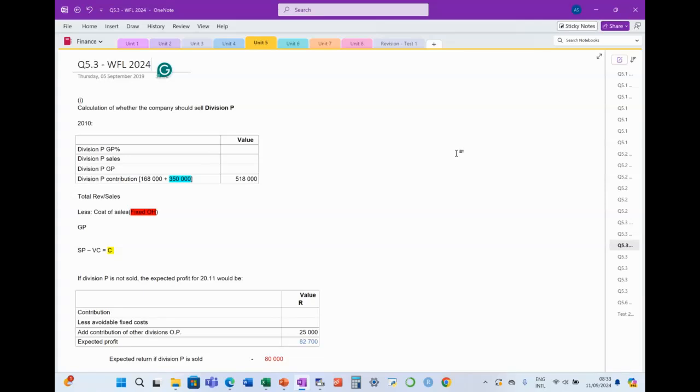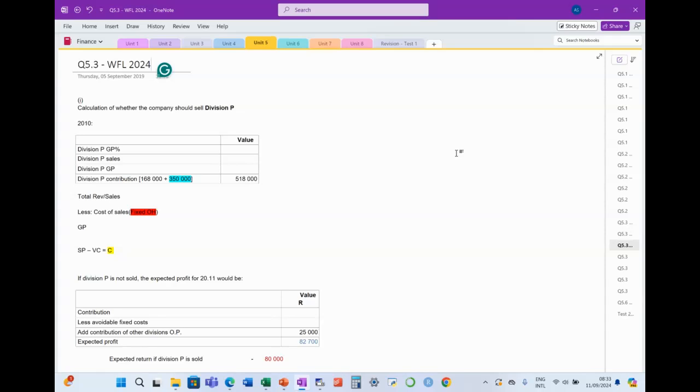So you've got sales, cost of sales, gross profit, and so on. What is important to note is this is the financial information of the company. I don't think they make it loud and clear, but it is the information of the company, not necessarily the division.